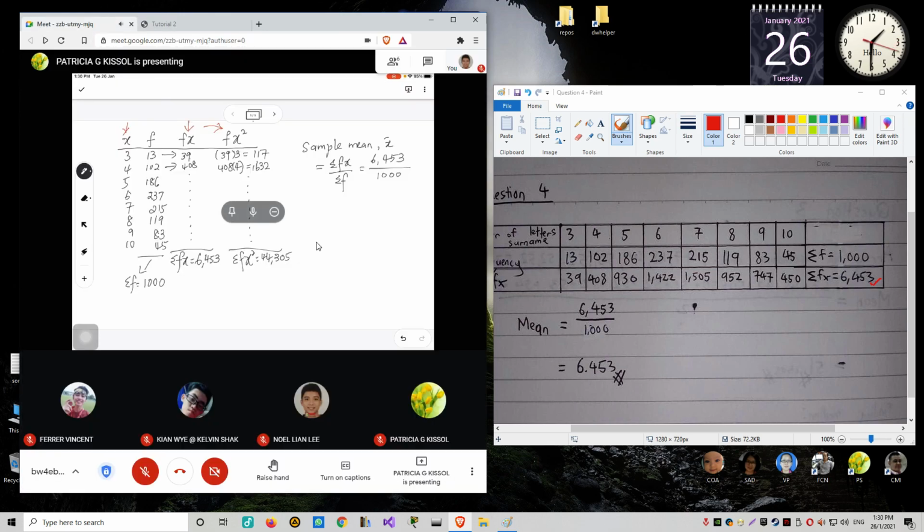So when you divide them, you should get 6.453. Because it is the number of letters in a surname, roughly we have 6.453 letters in a surname.